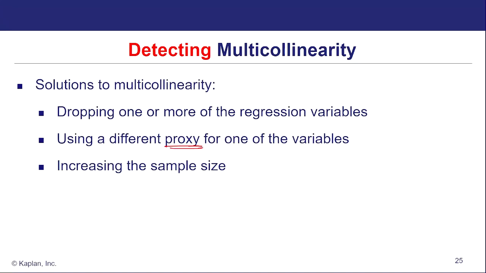So you have a liquidity metric as one of your X variables, and let's say you use free float, properly scaled as a percentage, and you find that that variable is highly correlated with something else in your model. So instead of using free float, maybe you use bid-ask spread as a metric to denote liquidity risk. So use a different proxy perhaps to remove this multicollinearity concern, or finally, increase the sample size, which makes it statistically more robust. So those are the mechanisms by which you detect and address multicollinearity.